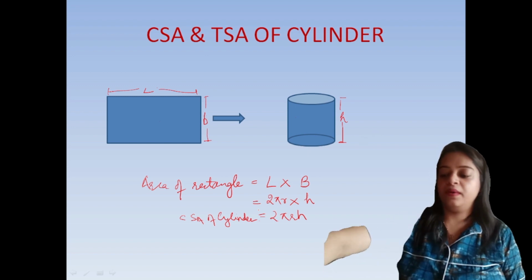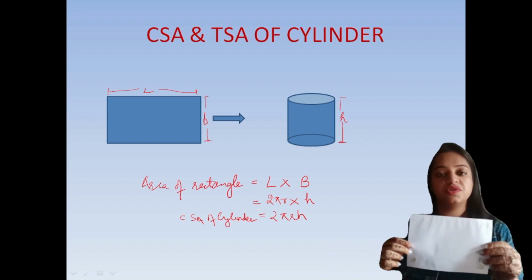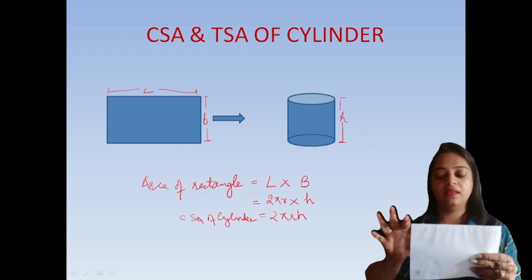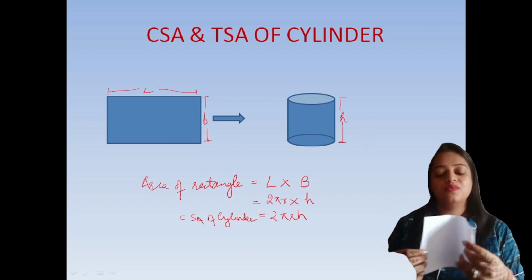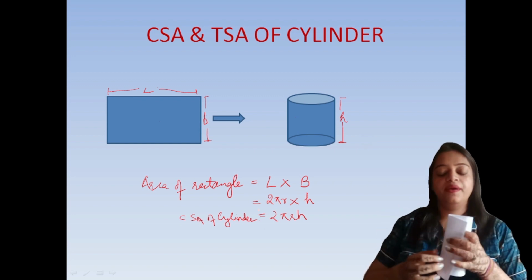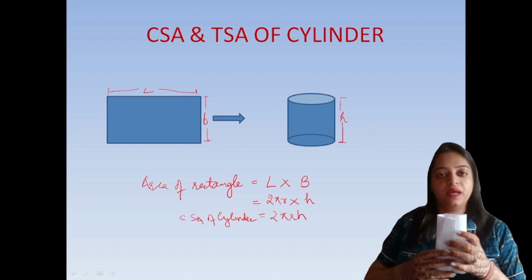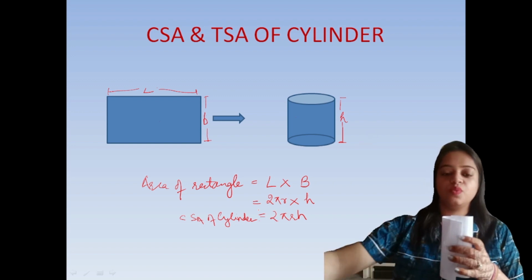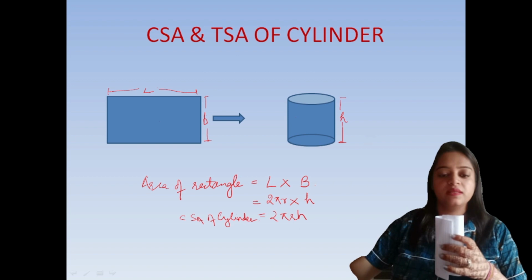I am repeating this thing. This was sheet of paper. It was having length and breadth. Once we are rolling this sheet of paper, the breadth of rectangular sheet becomes the height of cylinder. That's why here we have written height instead of breadth, right?